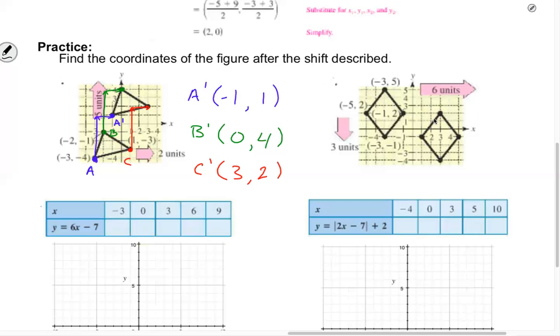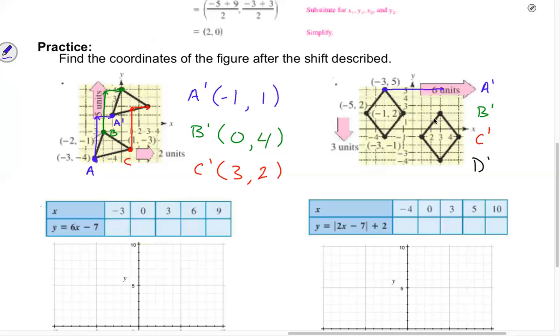Over here, we have A prime, B prime, C prime, and D prime. So A prime, we're going to go from here, and we're going to go to the right 6 units: 1, 2, 3, 4, 5, 6.